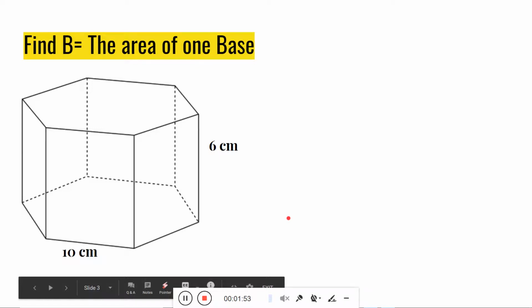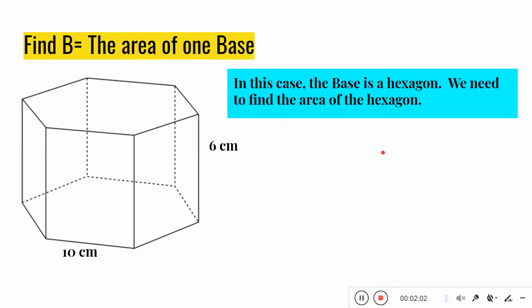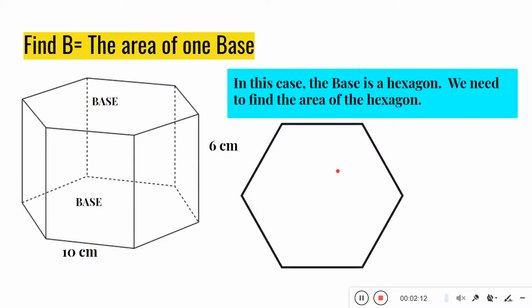Okay, so here's our hexagonal prism again. What I want to do is find the area of the base. The base is a hexagon. Let's review how to find the area of a regular hexagon, regular meaning all the sides are the same length.